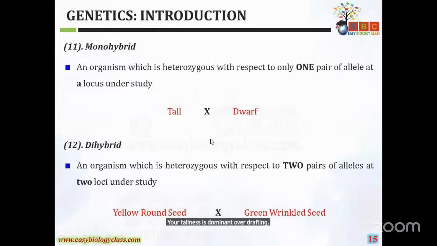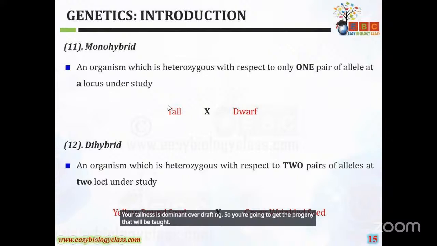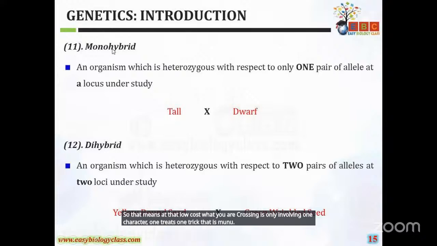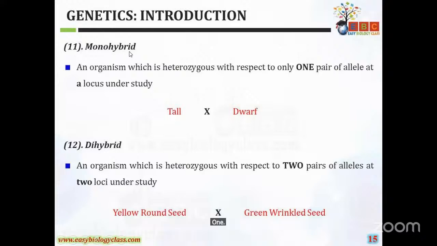So you are going to get the progeny that will be tall. That shows an allele, capital T, has combined with an allele that is small t. So that means at that locus, what you are crossing is only involving one character, one trait. That is mono, one.